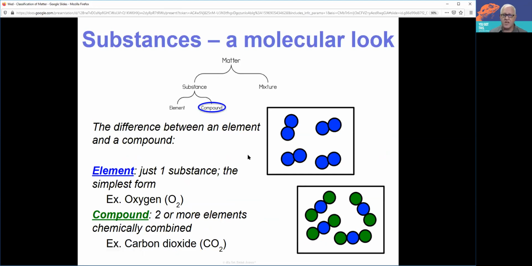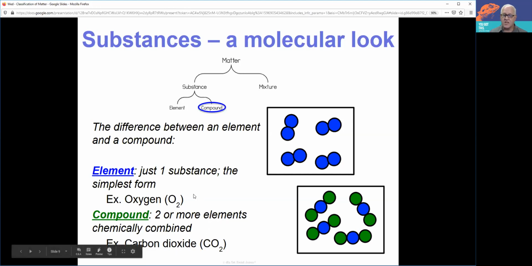Let's also take a look at the difference between an element and a compound. An element is just one substance in its simplest form. A compound is two or more different elements that have been chemically combined.